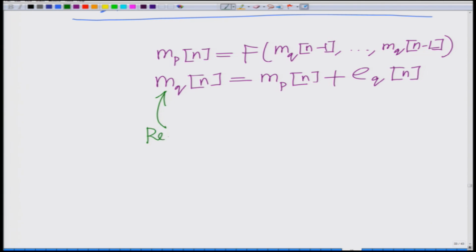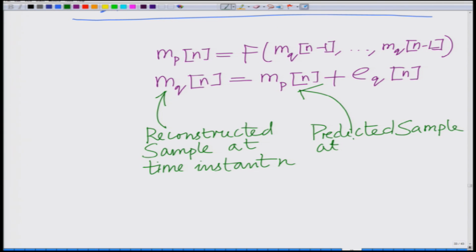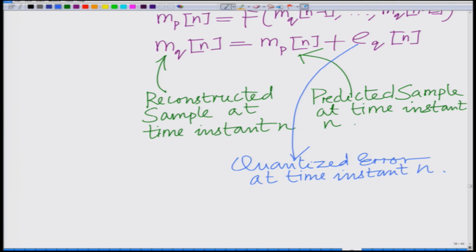MQ of n is the reconstructed sample at time instant n, MP of n is the predicted sample at time instant n from the past L quantized samples, and EQ of n is the quantized error at time instant n.